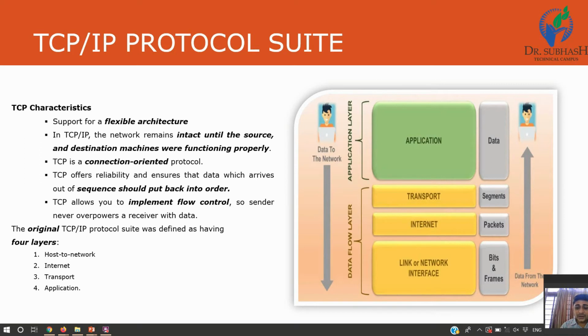The link layer deals with bits and frames. The internet layer deals with packets. The transport layer passes segments, and the application layer deals with data. TCP/IP supports a flexible architecture that provides the facility to convert your data from one device to another device, and it has the flexibility to change its nature.